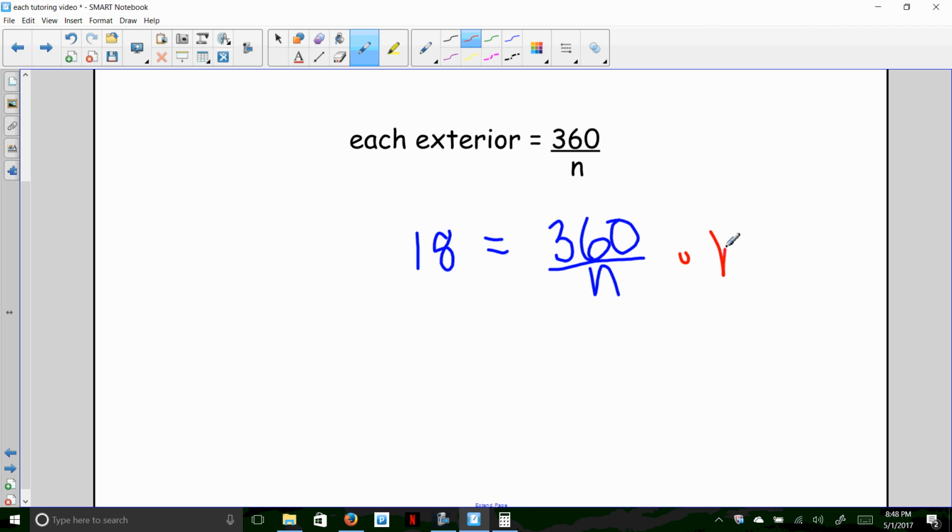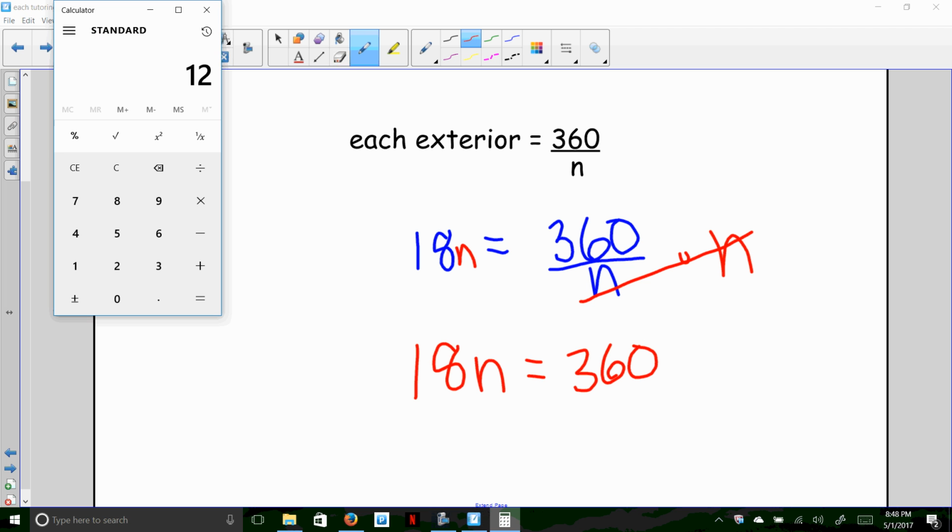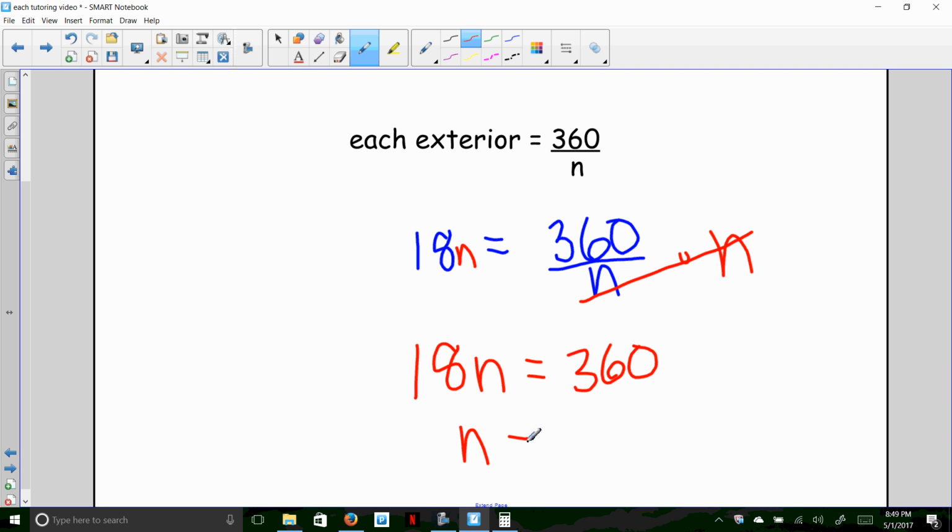I'm just going to multiply n to both sides, and I come out with 18n equals 360. Then I'm going to divide by 18. So 360 divided by 18. What did we find? We found n.